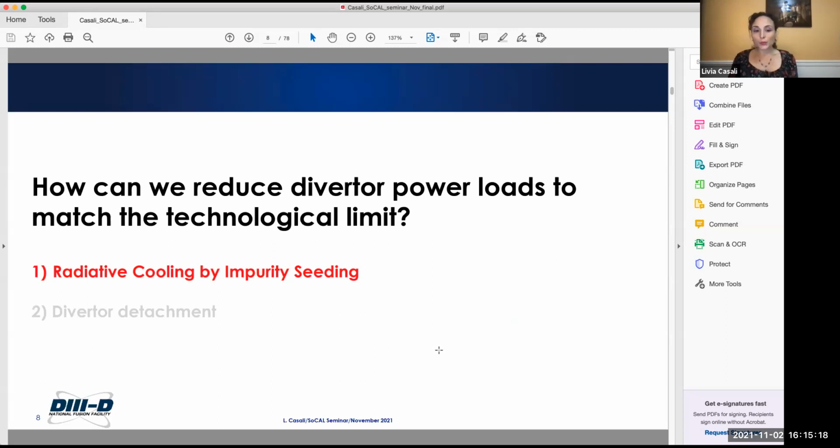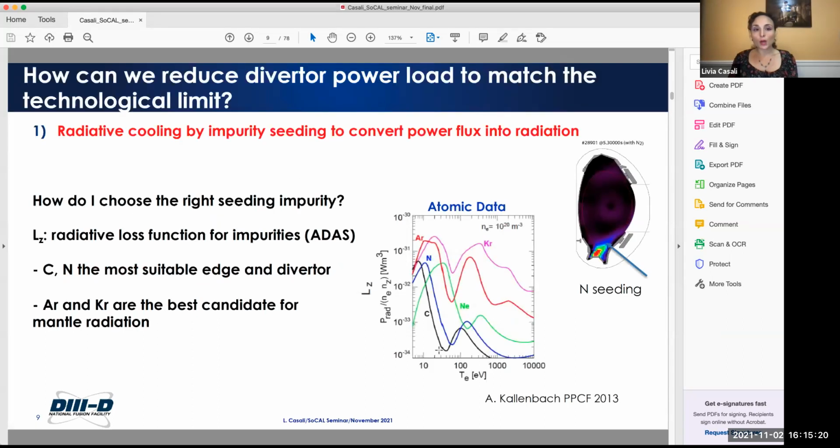Radiative cooling by impurity seeding. I wanted to start by asking, how can we choose the right impurity seeding if I want to radiate in a specific region of the plasma? The answer comes from the atomic data. I'm plotting here the L_Z as a function of the electron temperature.